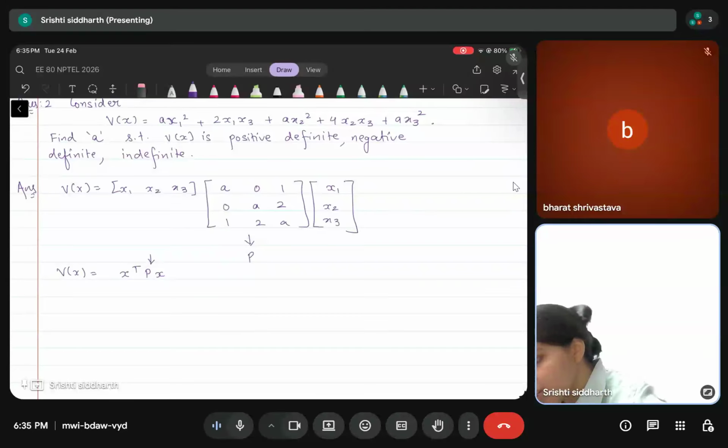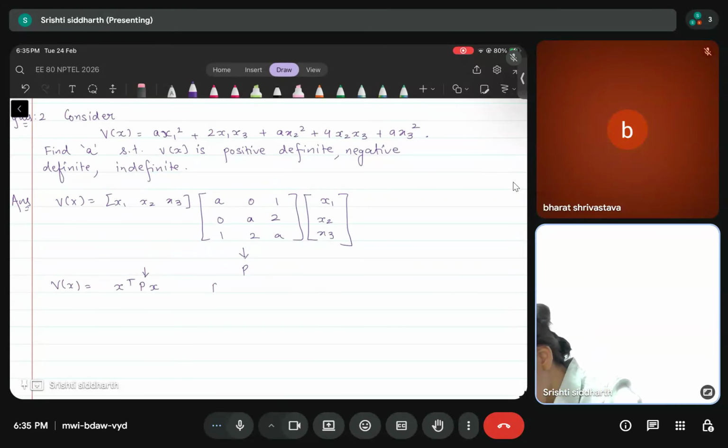So let's just check if P is symmetric first. P transpose is a, 0, 1, 0, 8, 2, and 2.